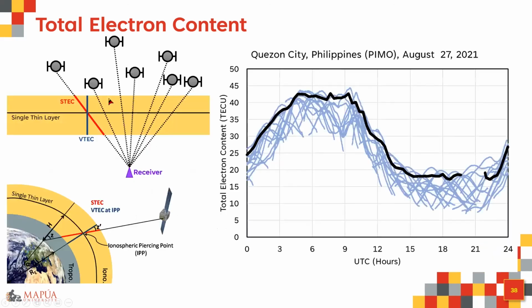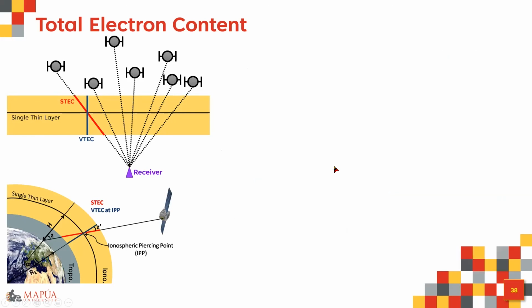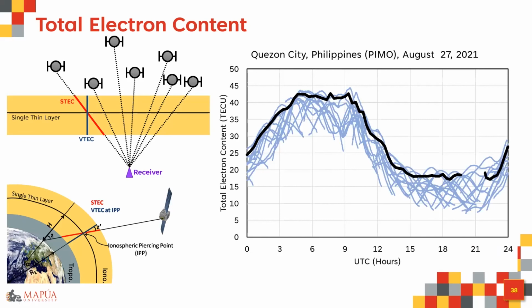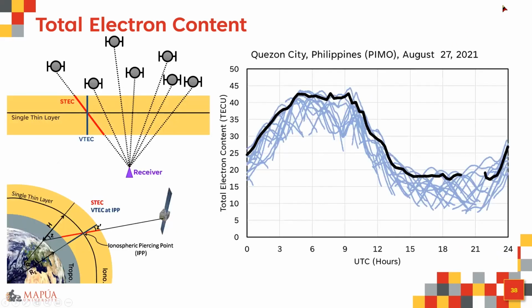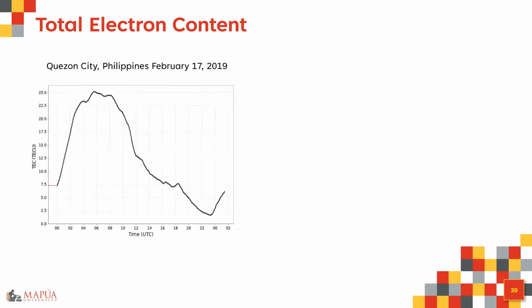So it's almost half as much as right now. That is due to the fact that in 2019 the solar activity was low, and this year the solar activity is picking up. That demonstrates the dependence of the amount of ionization in the ionosphere on solar activity.